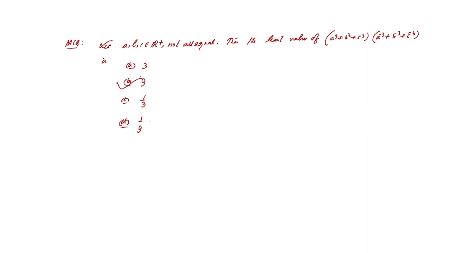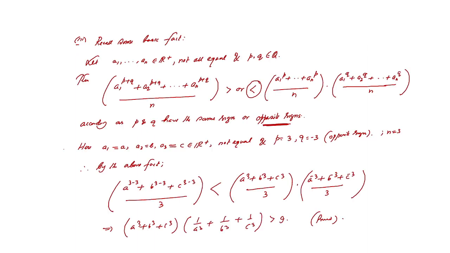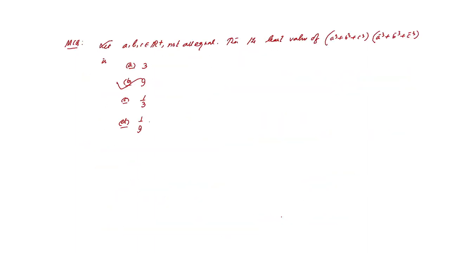So option B is correct. Here you will see this value is greater than 9 always. So that means this is the least value. So the least value is 9. And all other options are false.